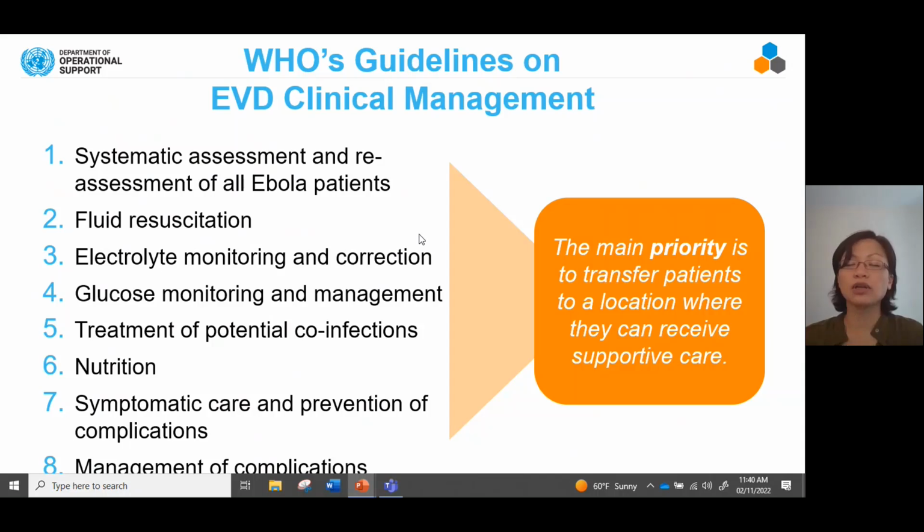But I just wanted to alert all of you that the most important thing is to figure out, if you have a suspect case, where to transfer the patients to. Should they be sent to a local healthcare facility that can give them better care? Should they be medically evacuated out of the location, out of the country? So that's the main priority. You need to think about where you might transfer the patient to a location where they can receive much better tertiary care.